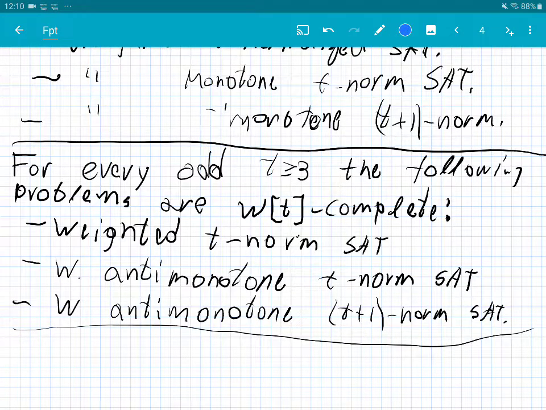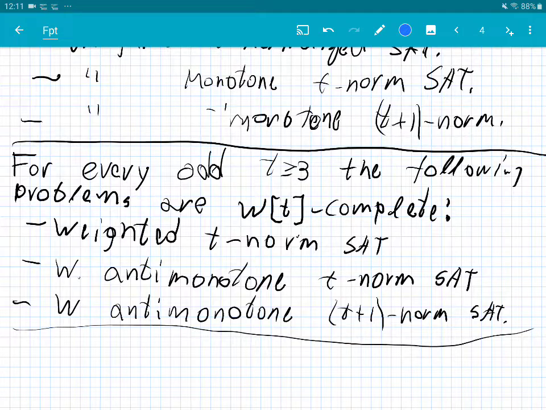Okay, and the second part of the theorem is about the odd T's, right? So again, for T larger than 3, weighted T normalized satisfiability is complete for W T, and so is anti-monotone T normalized and anti-monotone T plus 1 normalized.